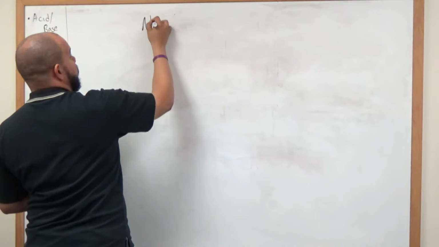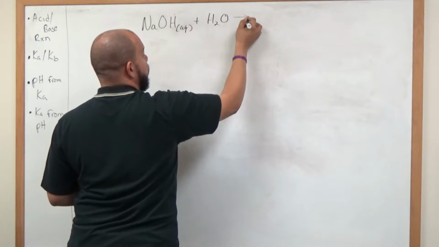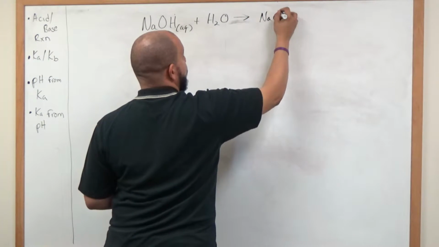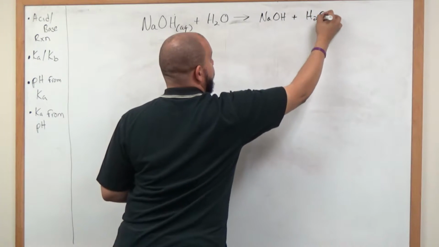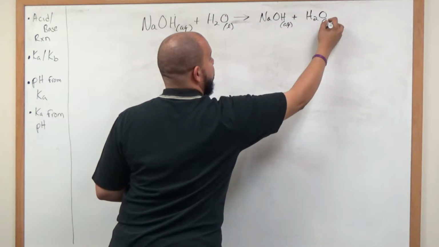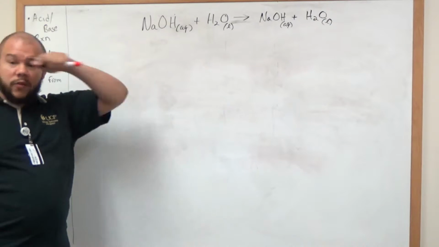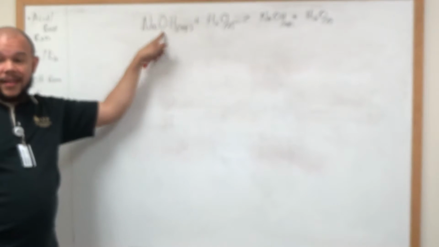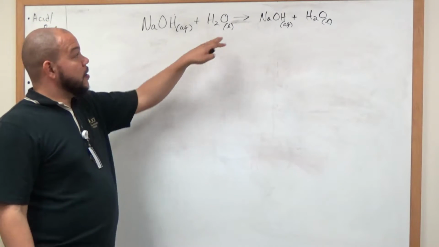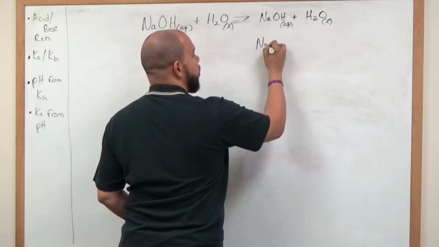So given a strong base such as sodium hydroxide, which is what we were working with in the laboratory, we notice that if the sodium hydroxide interacts with the water, the water is going to act as the acid and donate the proton. And this sodium hydroxide, if we broke this down, we know it completely dissociates.